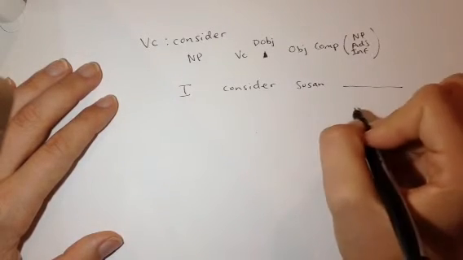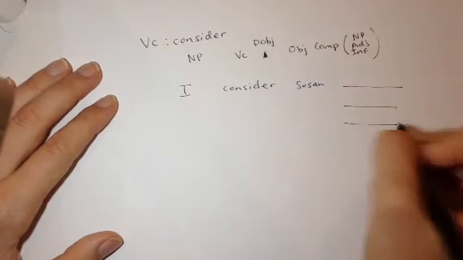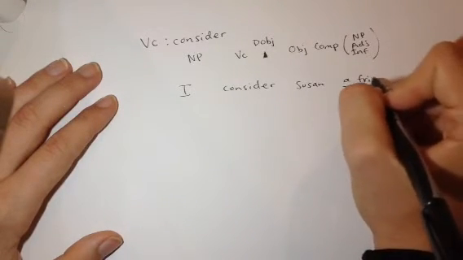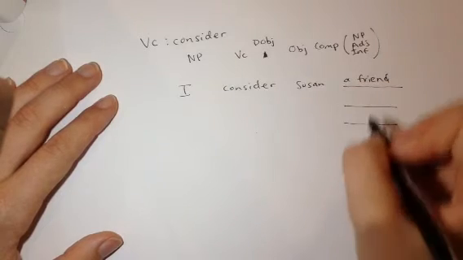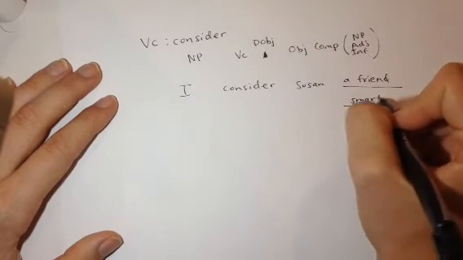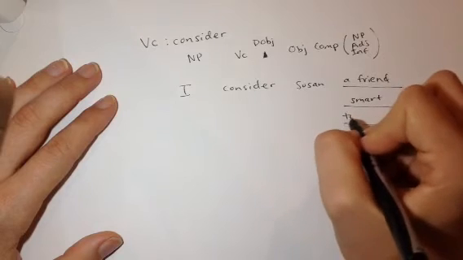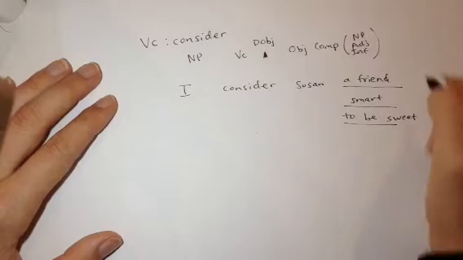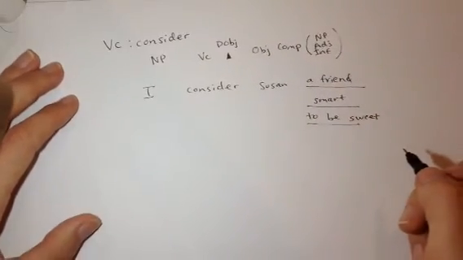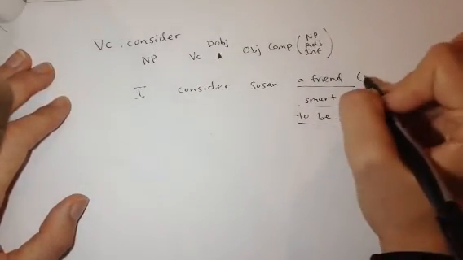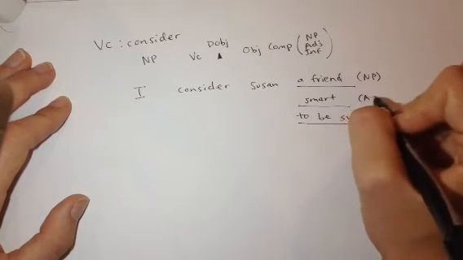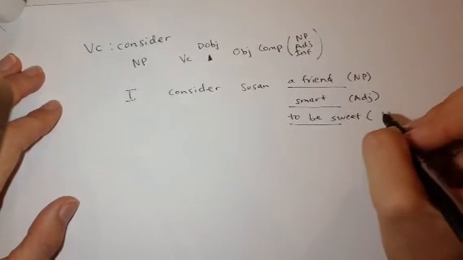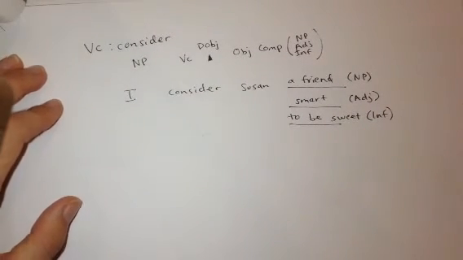So I consider Susan a friend. I consider Susan smart. Or I consider Susan to be sweet. Okay? This phrase right here is a noun phrase. This is an adjective. And this is an infinitive phrase.